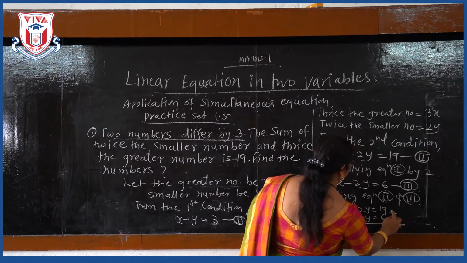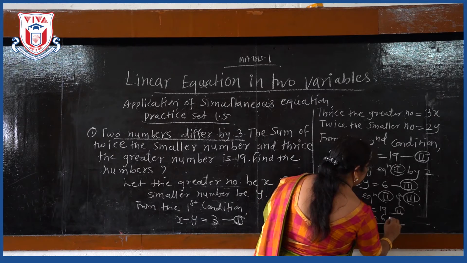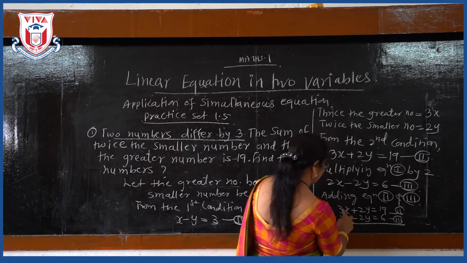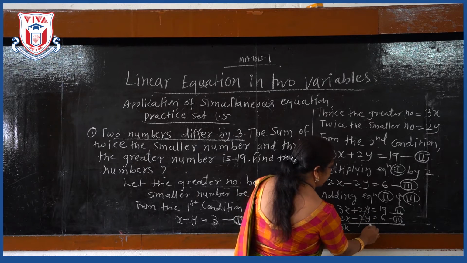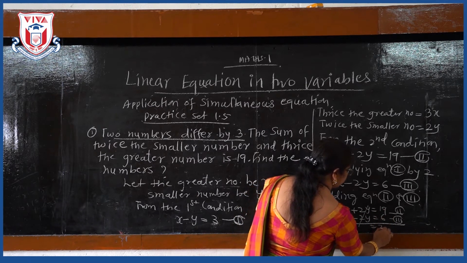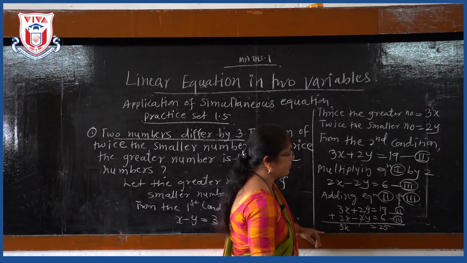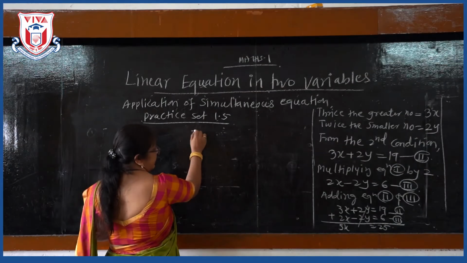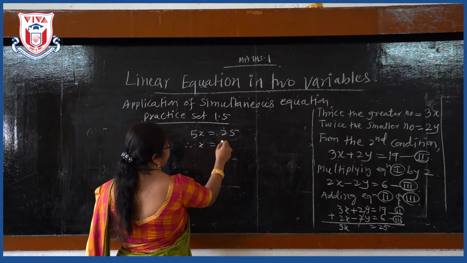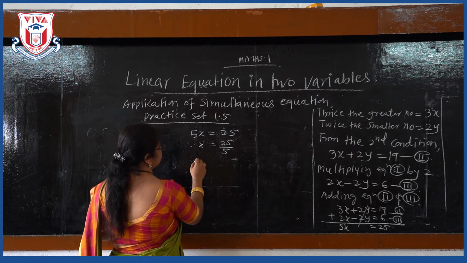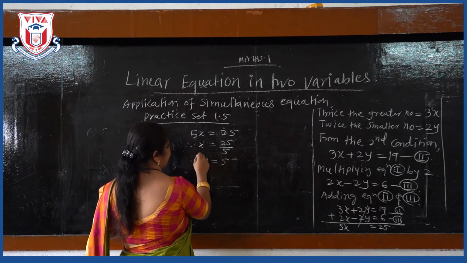So 5x, the y terms get cancelled, and 19 plus 6 is 25. Dividing both sides by 5 we get x is equal to 5.